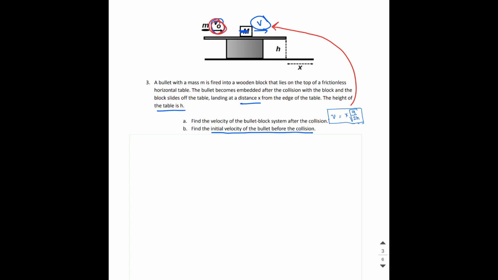To get the initial velocity, I am going to use conservation of momentum. So my p initial is equal to my p final, and since the block is not moving initially, my only momentum is going to be the momentum of the bullet, and then my final momentum is going to be the combination of the bullet block and its final velocity, which I get from here.